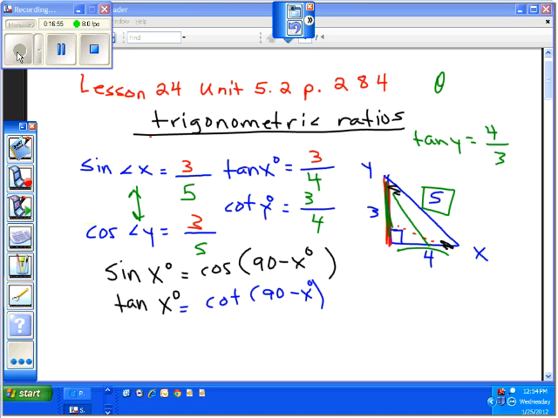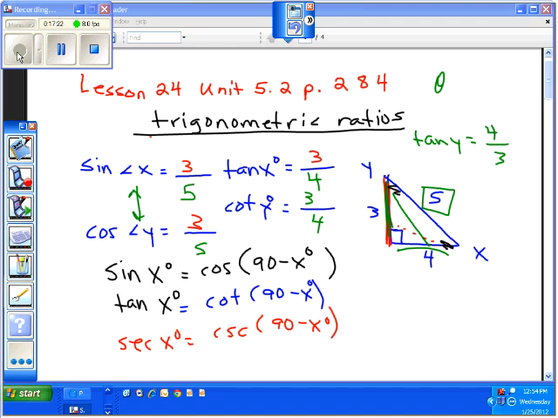So we could also say that secant of x degrees is equal to the cosecant of 90 minus x, and we get the indication of why we said sine, cosine, tangent, cotangent, secant, cosecant.